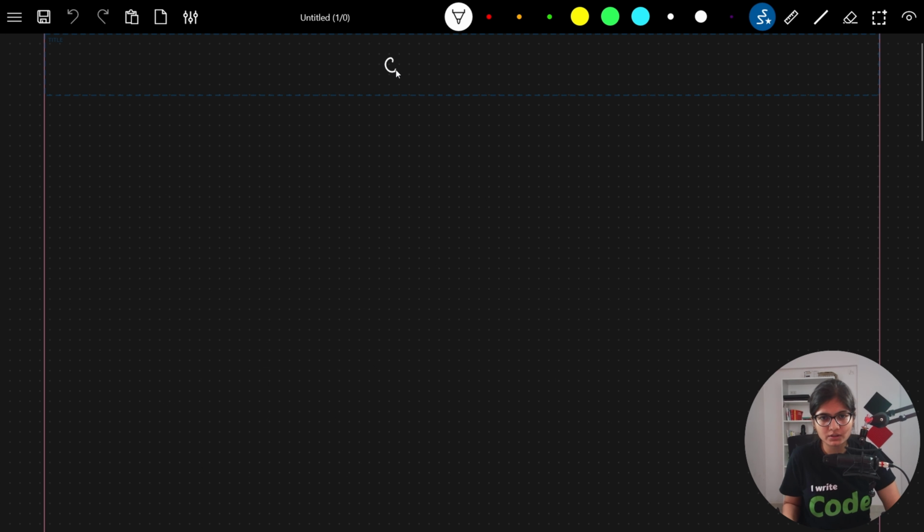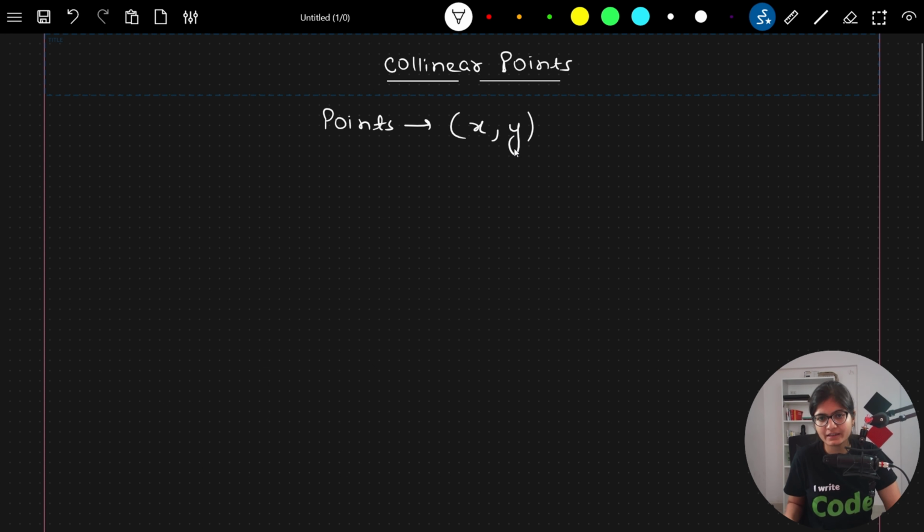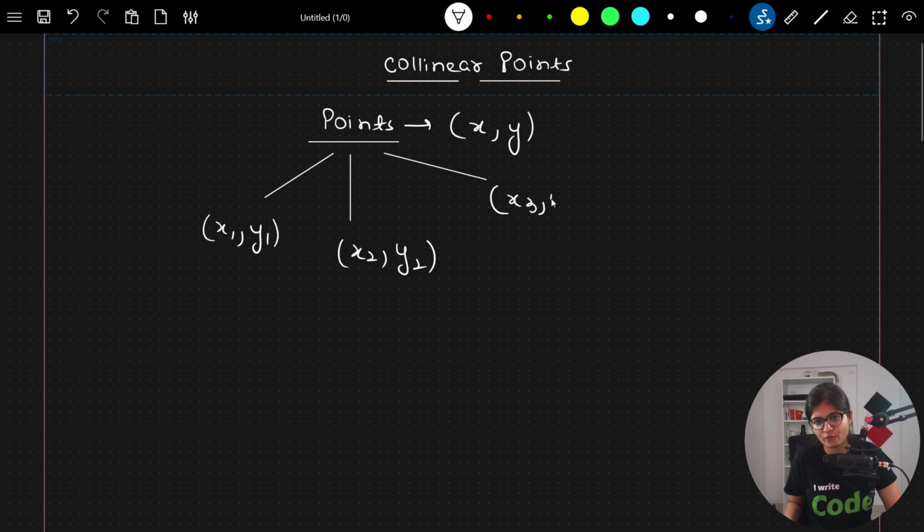So this is about collinear points. What this question says is that, for example, I will be providing you 3 points. Obviously when I'm saying points, you all know that we will be having two axes, x and y. So 3 points are given to you, meaning you will be having x1, y1, x2, y2 and x3, y3.